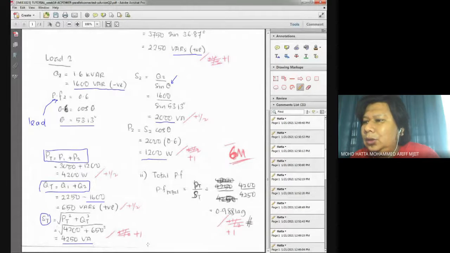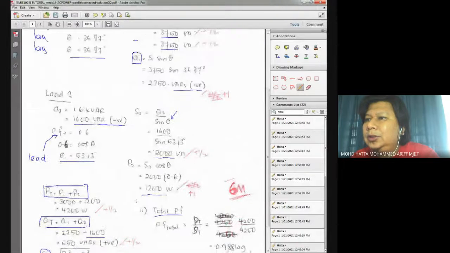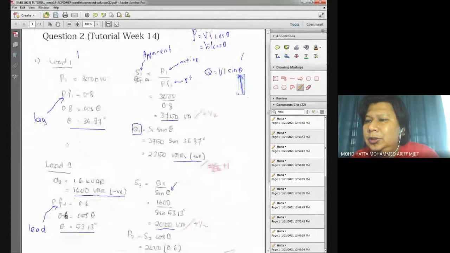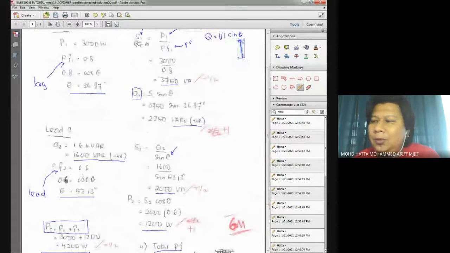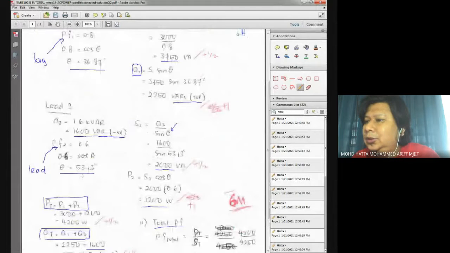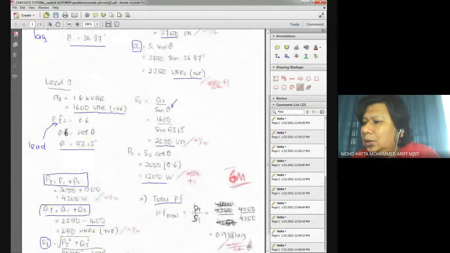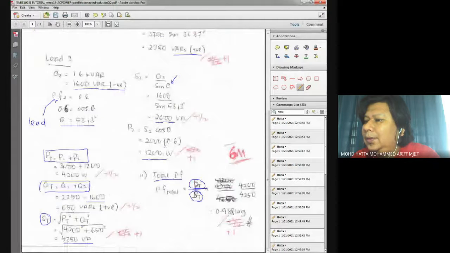And for the total power factor, again, you cannot just combine 0.8 and 0.6. What you need to do is take the total active power and divide it by the total apparent power you calculated over here in order to get your total power factor.